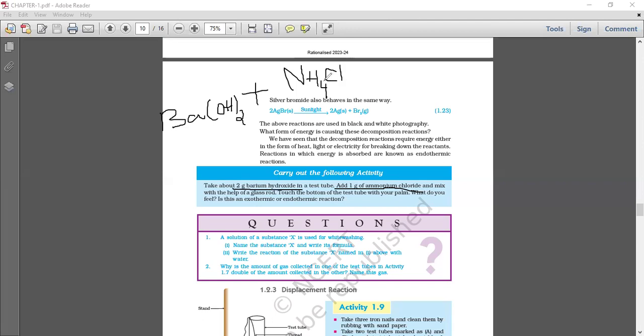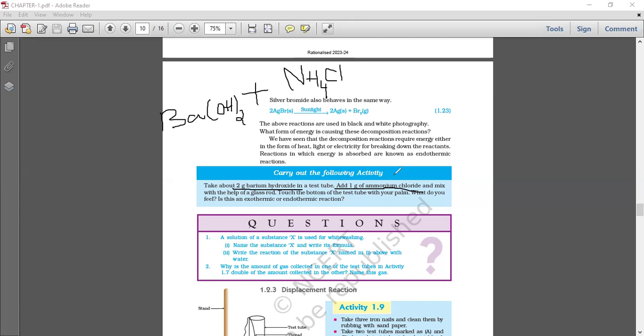Mix them with the help of a glass rod. If you do this activity, you will feel that heat is absorbed. Touch the test tube with your palm.